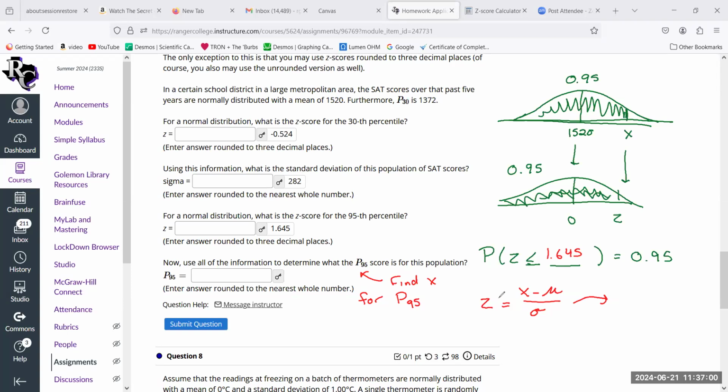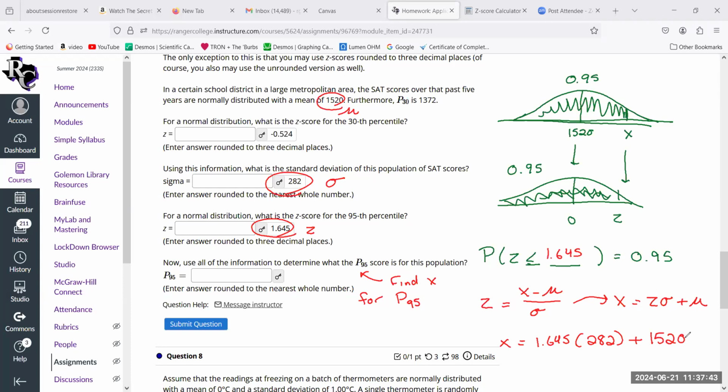And this one, when I had solved it for you before, I said that X was going to be equal to z times sigma plus mu. So once again, we have mu. We have sigma. And here we have z. So what X should be is 1.645 times the sigma of 282 plus our mu of 1,520.